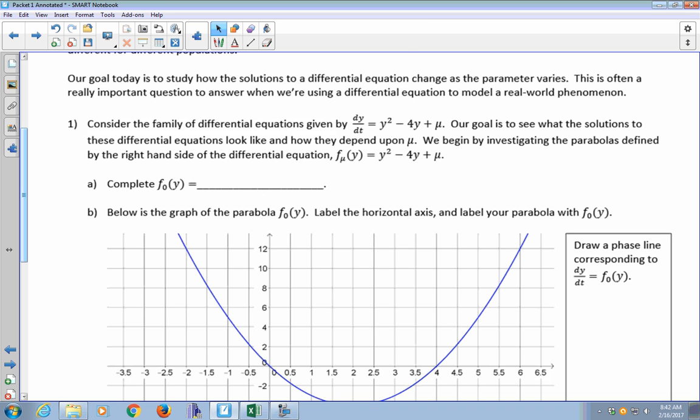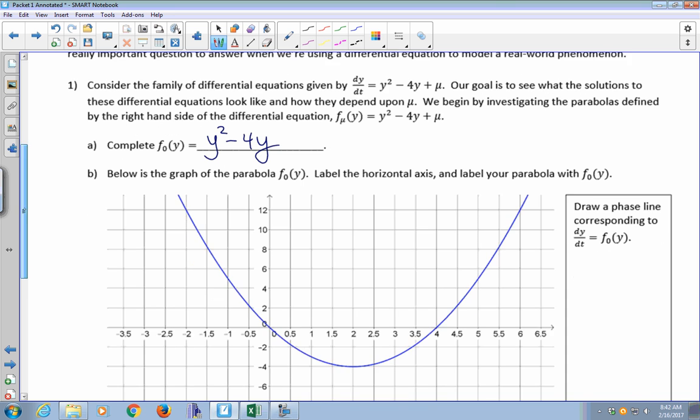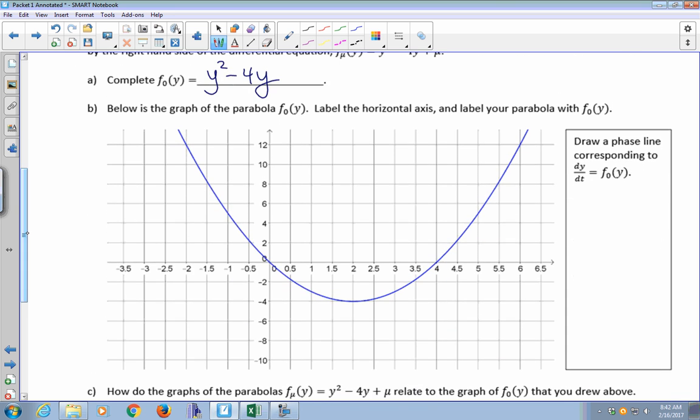So f sub 0 just means put in a 0 for the mu, so we just have y squared minus 4y. So we're looking at one particular member of this family of differential equations. If you make mu 0, we have the differential equation dy/dt equals y squared minus 4y. I've got a graph of that parabola. Remember, this is a graph of the derivative.